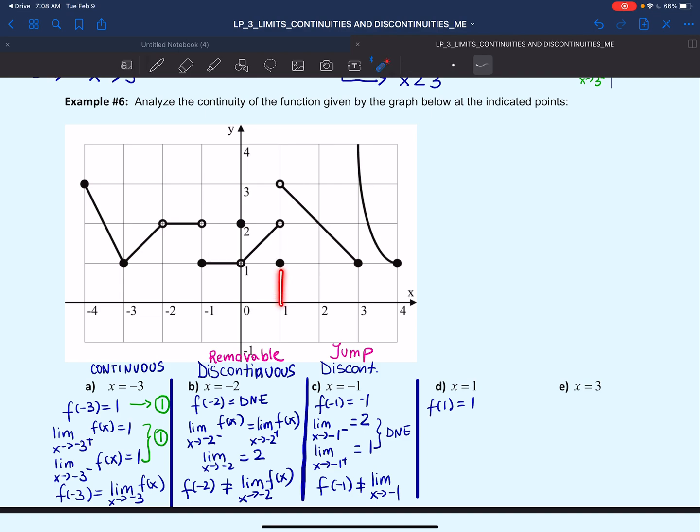So f of 1 equals 1. Now the limit as we approach 1 from the left, the limit will be 2. Approach 1 from the right, the graph is all the way up here, the limit is 3.